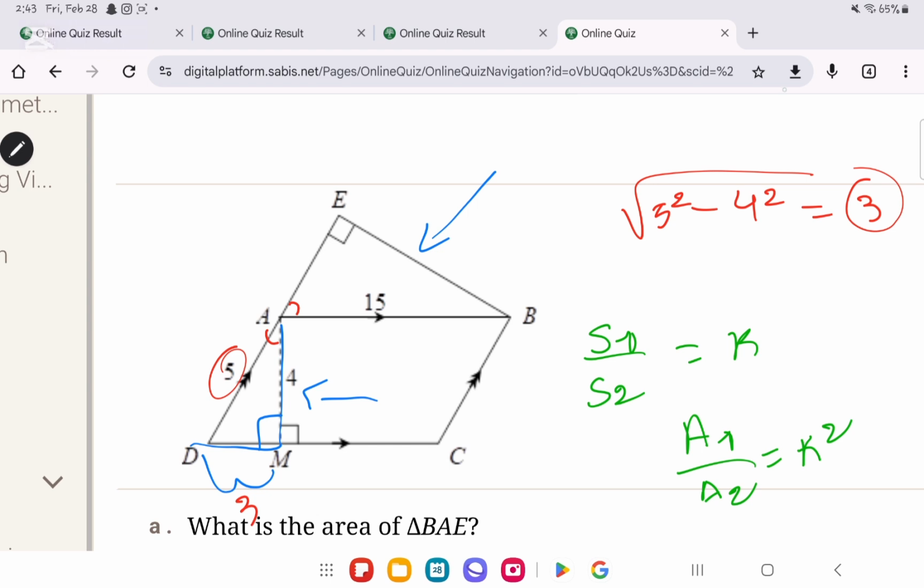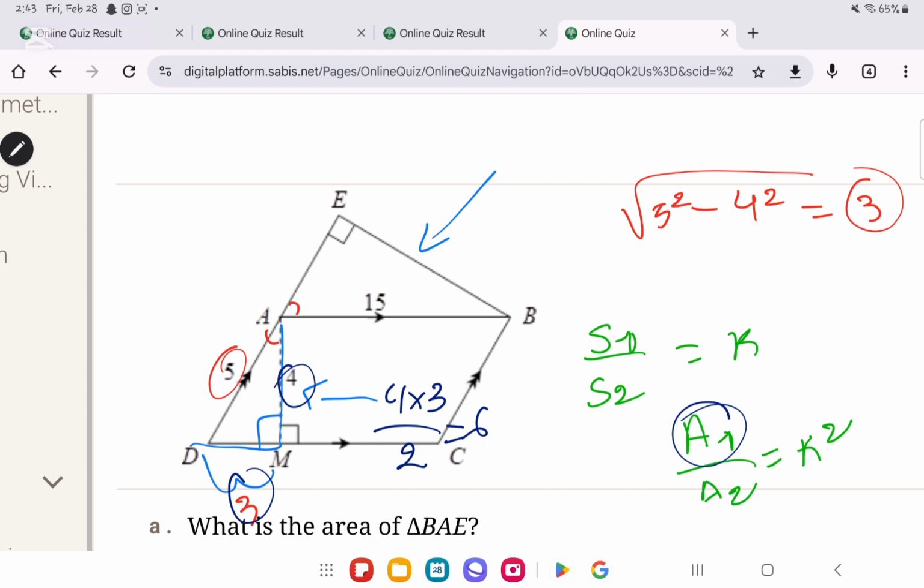That's it, very simply. Now, let us find the area. The area, very simply, it's 4 times 3 over 2. So it is 6. So our area 1 is gonna be 6.